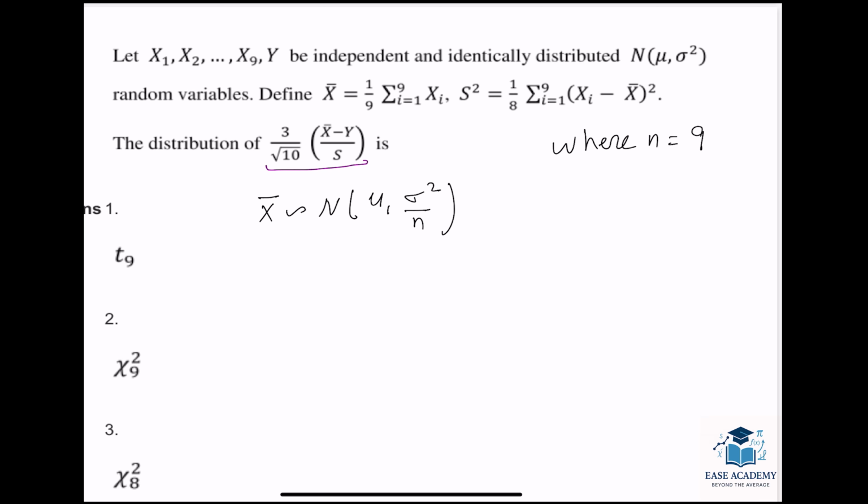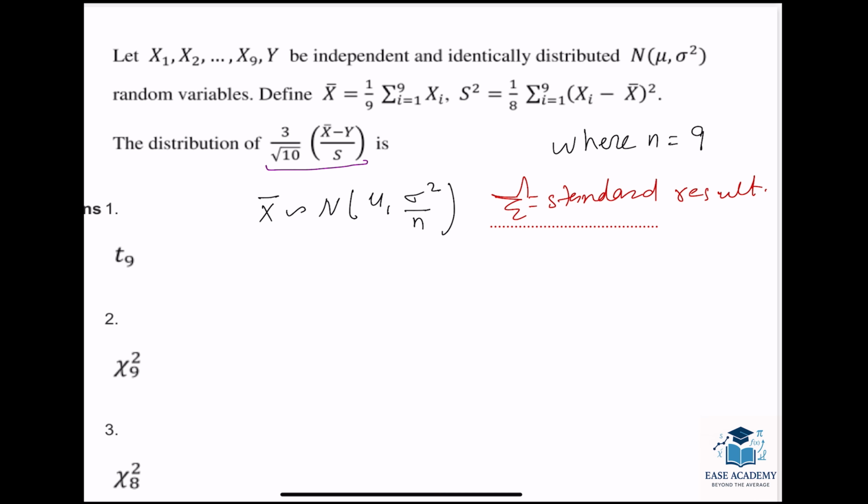This is a standard result. What result have we used? X bar is a linear combination of X1, X2, ..., X9. If X1, X2, ..., Xn are normally distributed, then their linear combination is also normally distributed. We can find the mean and the variance simply.